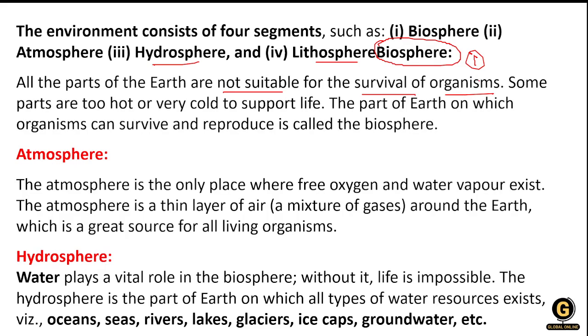There are different types of organisms and different types of surroundings where they can live peacefully and healthy. So all the parts of earth are not suitable for the survival of organisms, right? Some parts are too hot or very cold to support life, understand.